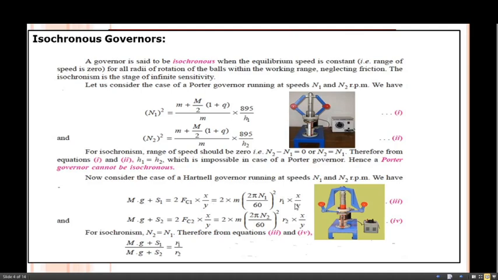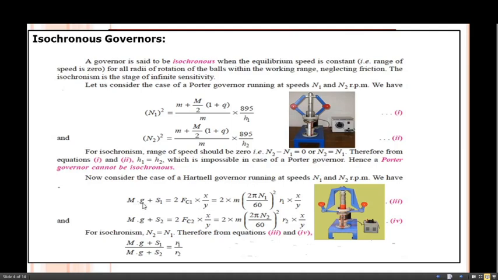Corresponding to the minimum radius of rotation, we can get this relation: mg plus s1 equals 2 into fc1 multiplied by x divided by y. All the notations we discussed during the derivation part.